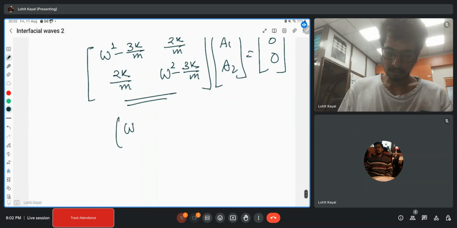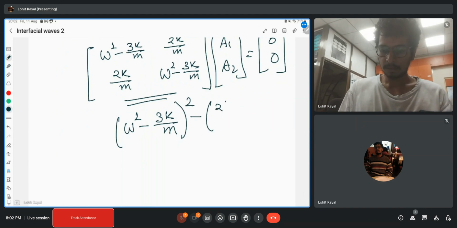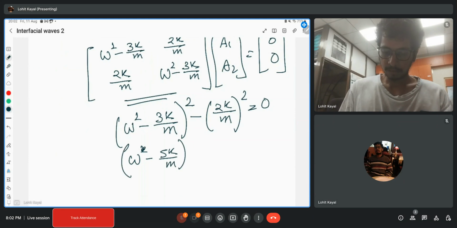So you will get (omega square minus 3k by m) whole square minus (2k by m) whole square equal to 0. So one solution will be omega square minus 5k by m, and the other omega square minus k by m.